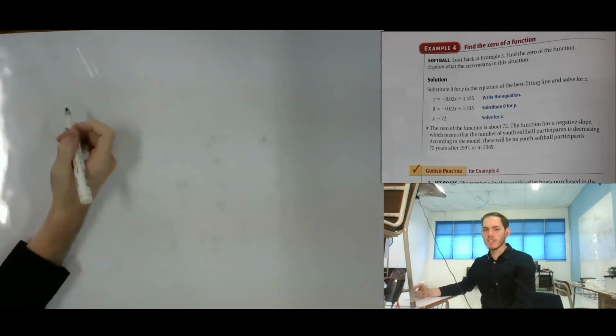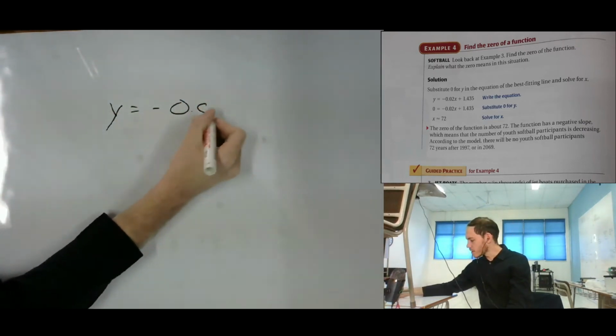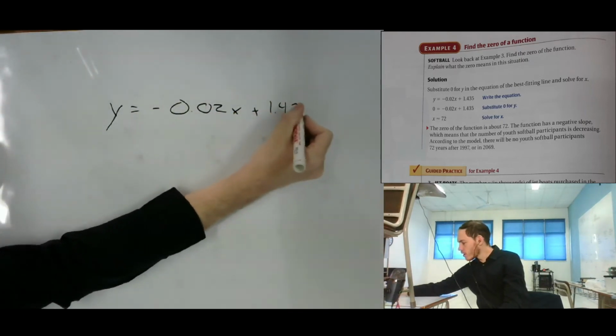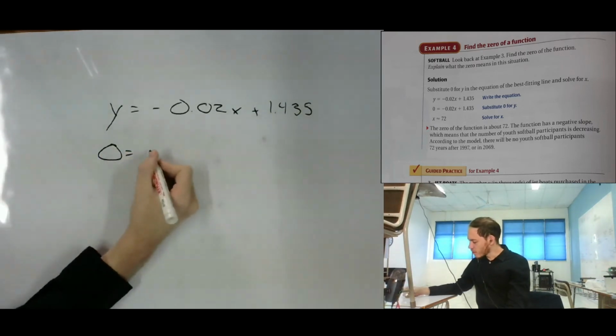But again, okay, so finding a zero. So if we're given an equation y equals negative 0.02x plus 1.435, okay, plug in the 0.